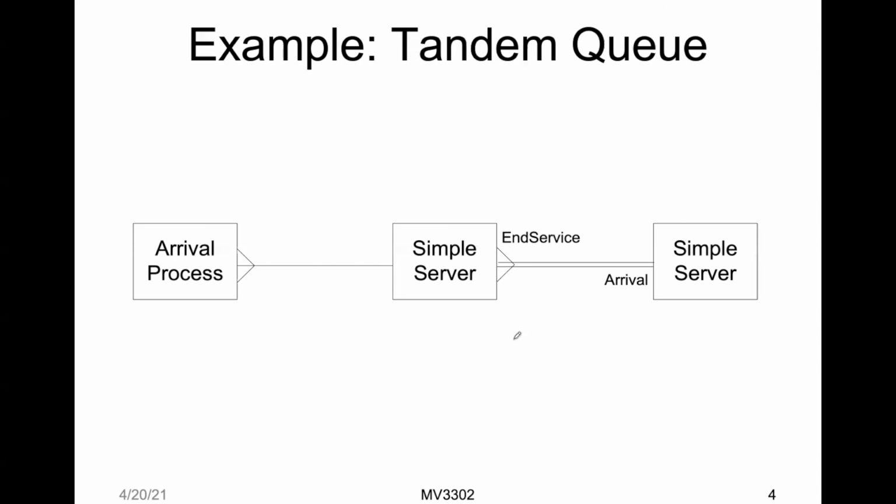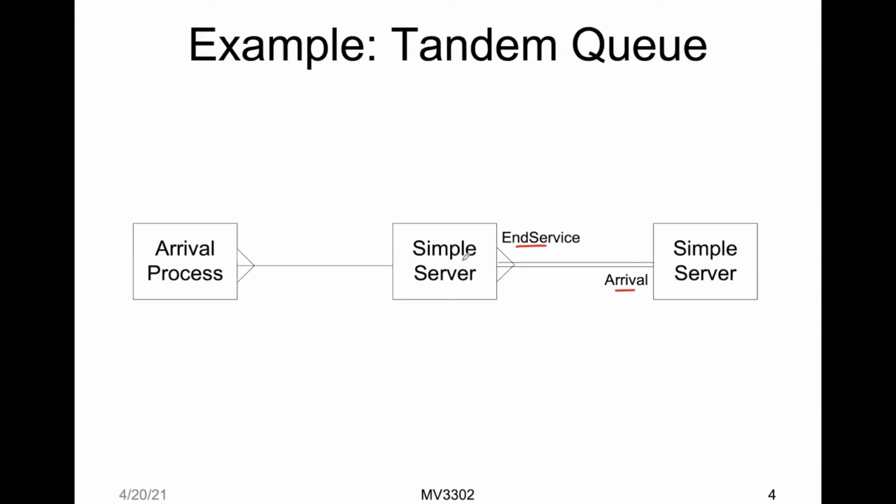And if you remember, when we did the first version of our tandem queue, we drew an arrow from the first end service to the arrival at the second one. What that says is that we want an end service at the simple server to trigger an arrival at another simple server. So what do we have here?